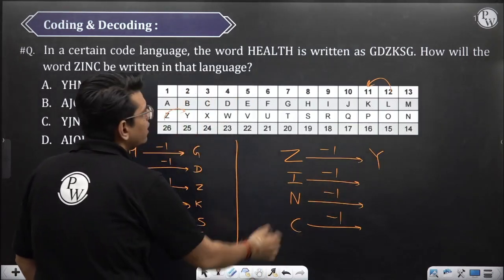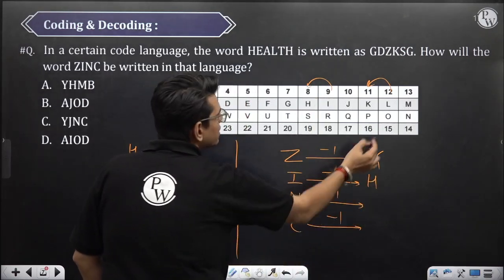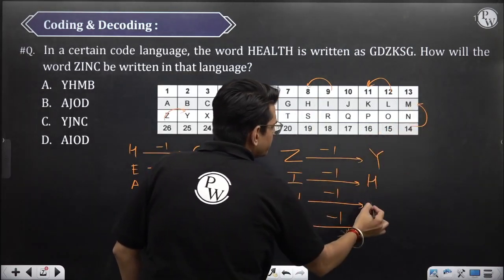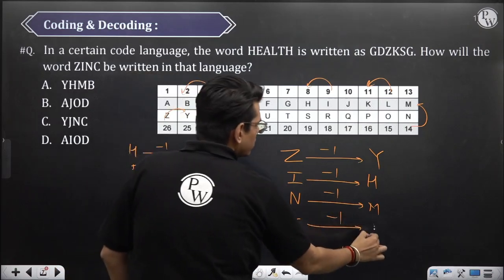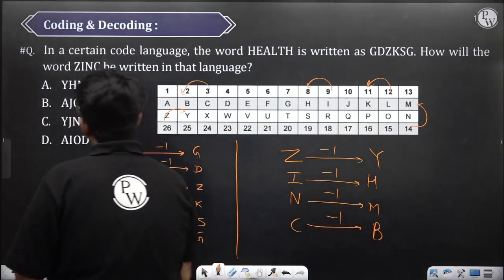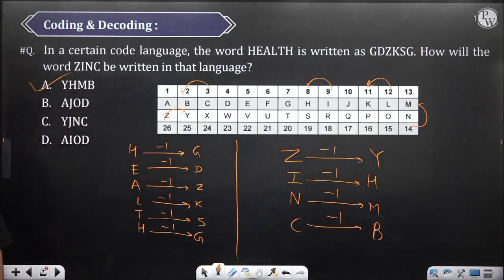I minus 1 is nothing but H. N minus 1 is nothing but M. And C minus 1 is nothing but B. So Y, H, M, B. So A is our answer. Okay. You will find such questions from alphabet coding.